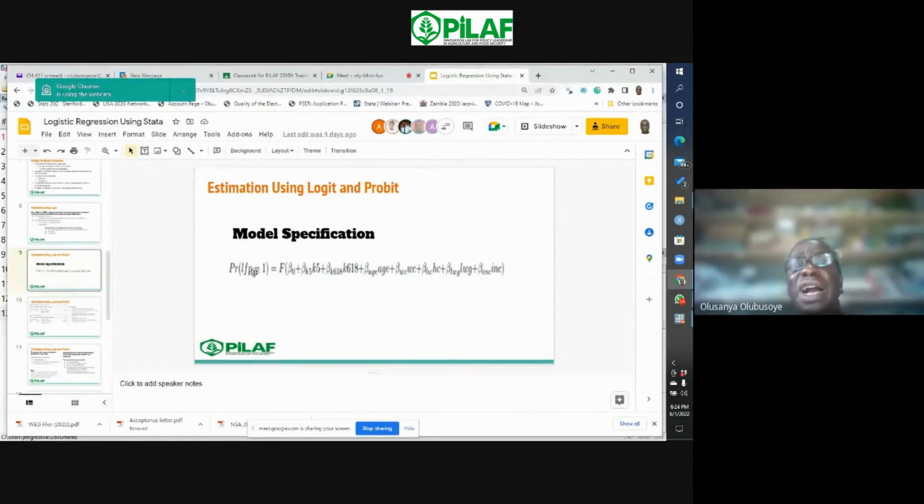We will still talk about that when we come to the odds ratio, and we have not come to that. If you want to calculate the probability that a woman does not participate in labor force, you will use 1 if the woman does not participate. But the one that makes sense, that will appeal to anybody, is finding the probability that a woman will participate in labor force, isn't it?